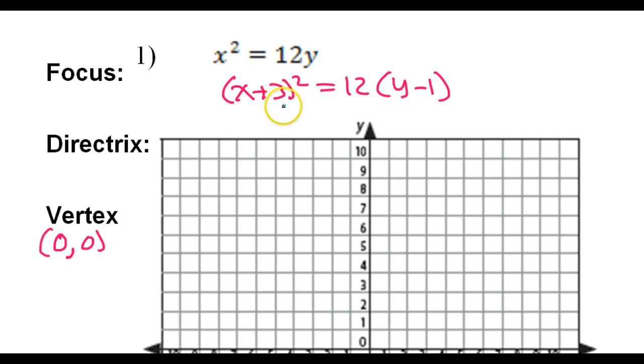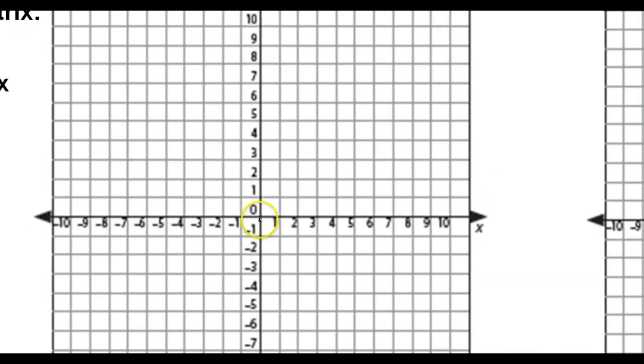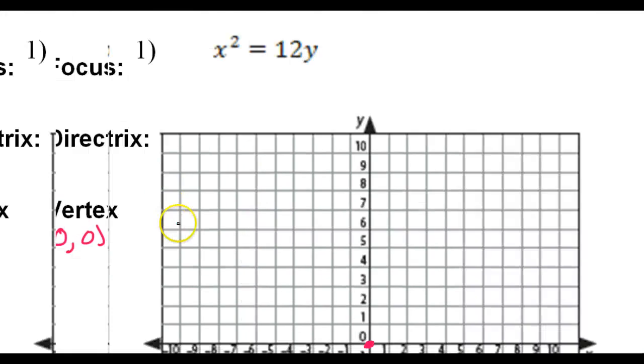If I had this going on, then the vertex would be negative 3, positive 1, opposite of this, opposite of that. But the absence of anything being added or subtracted means that it is in fact 0. Okay, so let's graph that so far. 0, 0, there it is.